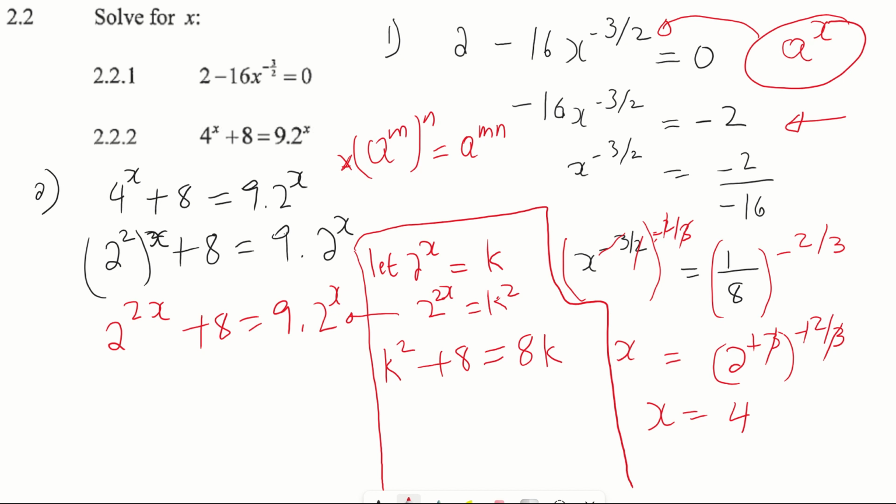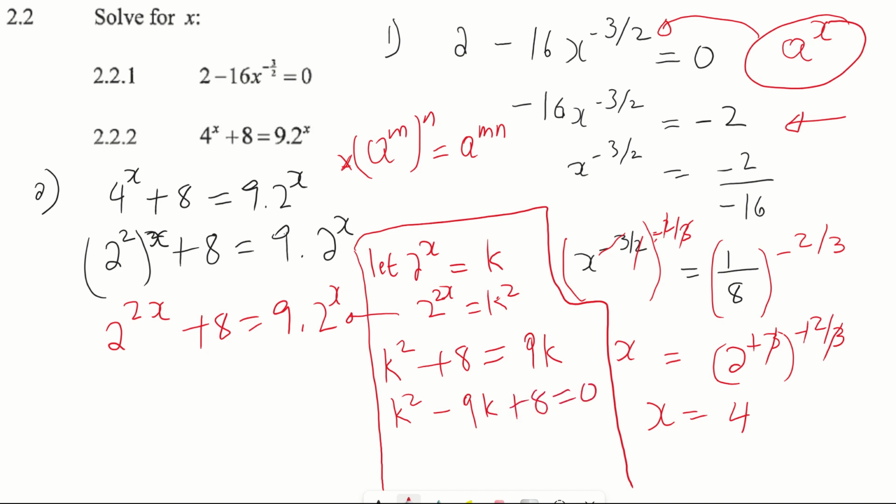Then I say, wow, this looks like a beautiful trinomial. Let me write it in standard form, a quadratic trinomial: k squared minus 9k plus 8 is equal to 0.